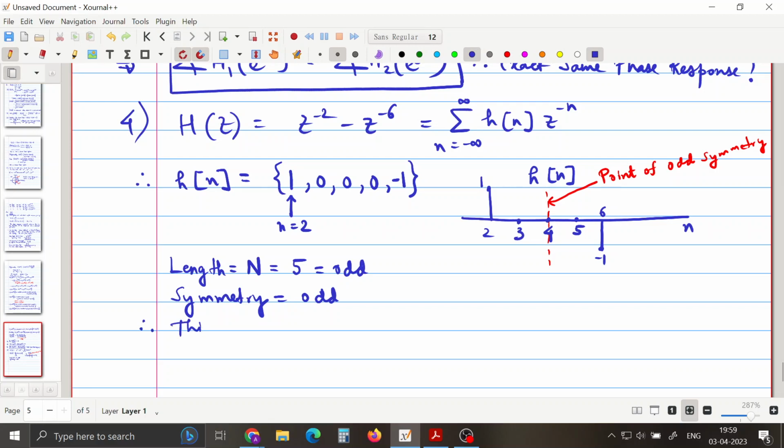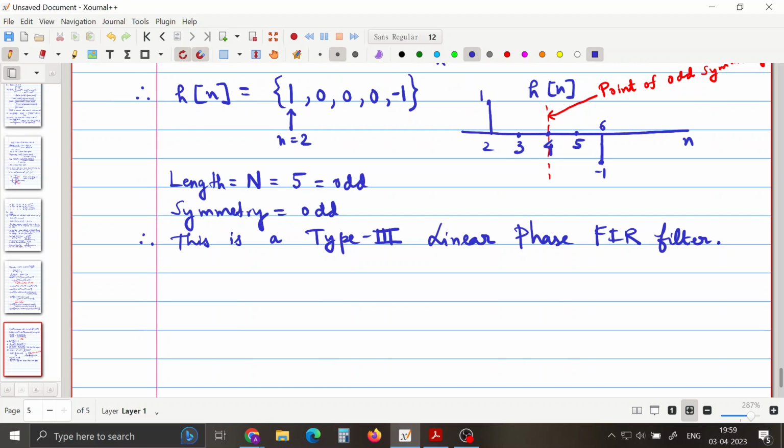Therefore this is a type 3 linear phase FIR filter.